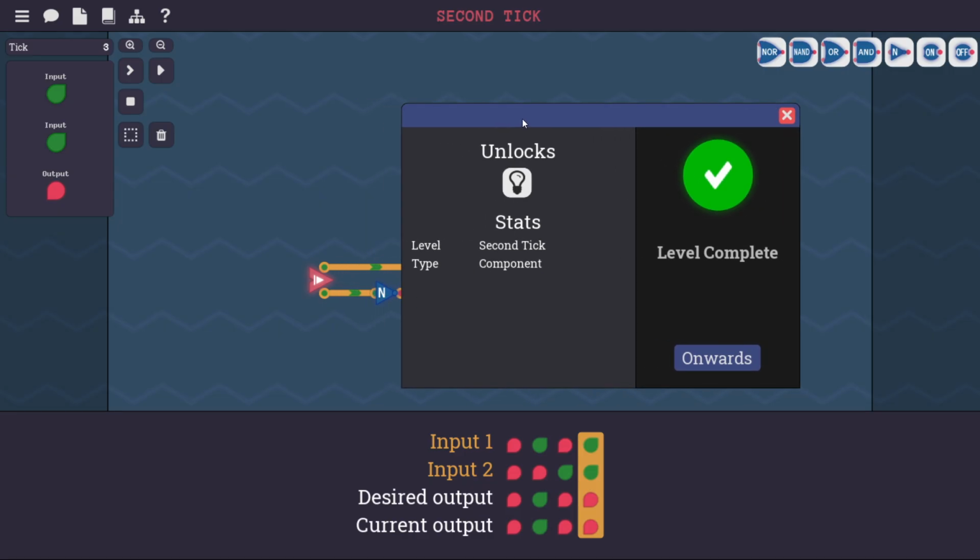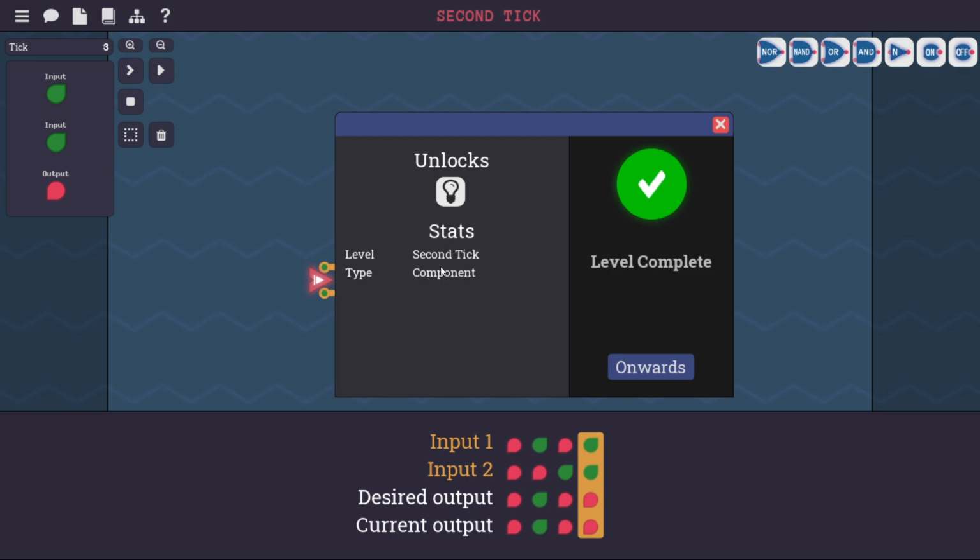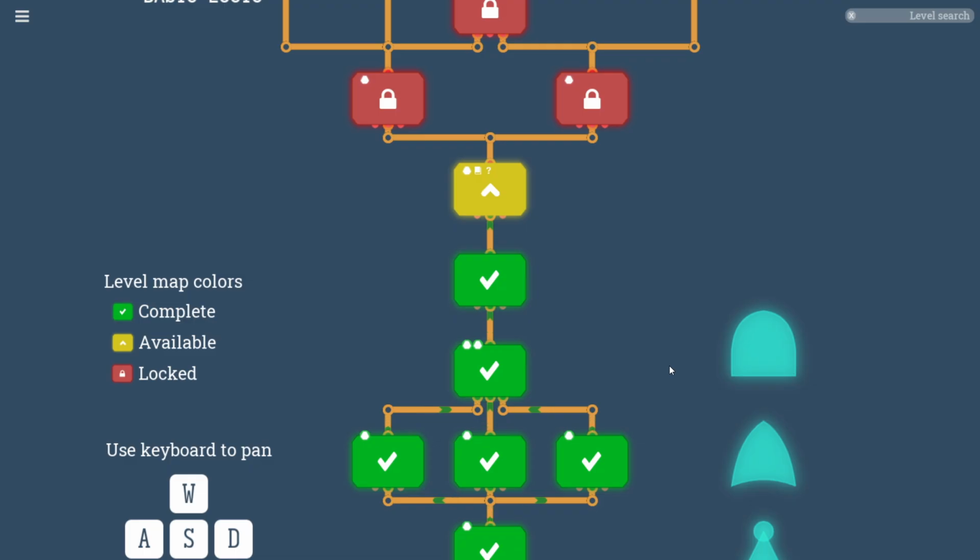And if we can determine whatever output we want, then we're able to build a computer that does exactly what we want. So yeah, and onwards.